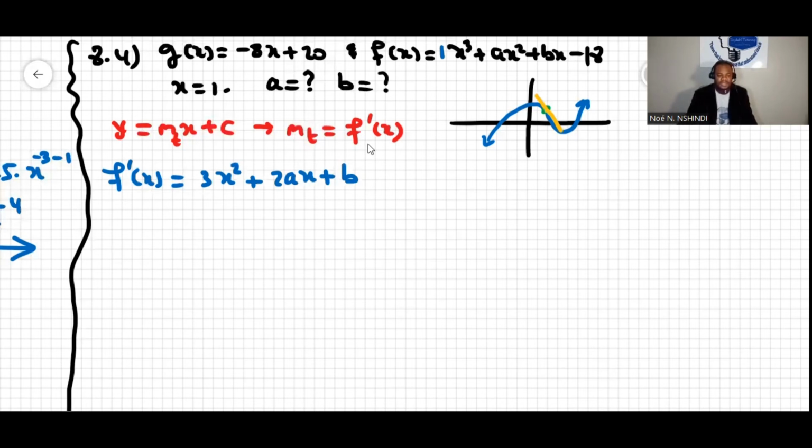Now, at this point, at the point that x is equal to 1, I'm going to write here, at x equal to 1, we will get f prime of 1, okay, which will be equal to 3x squared plus 2ax plus b.